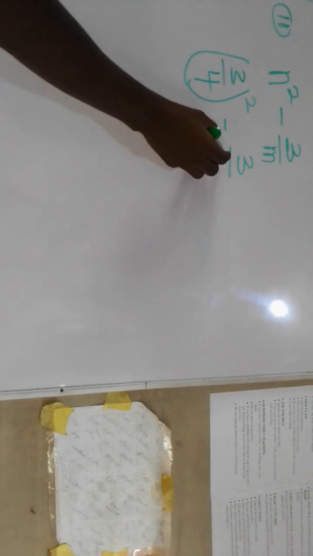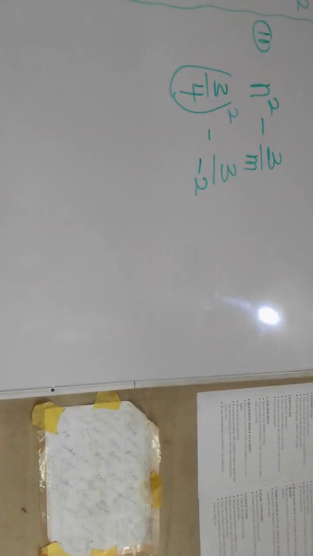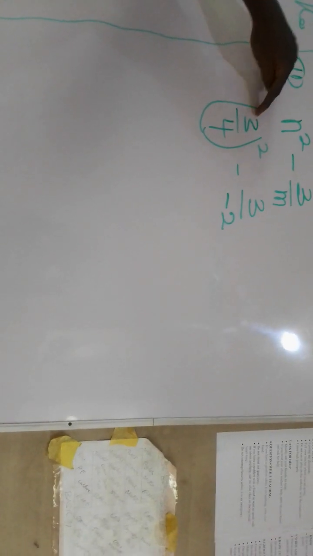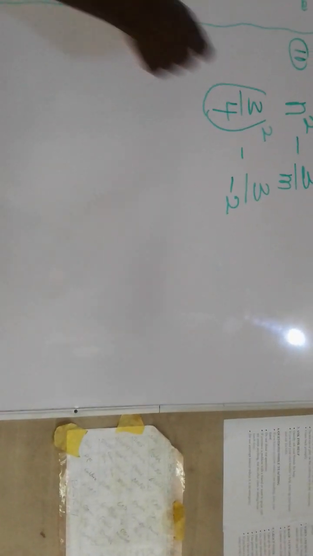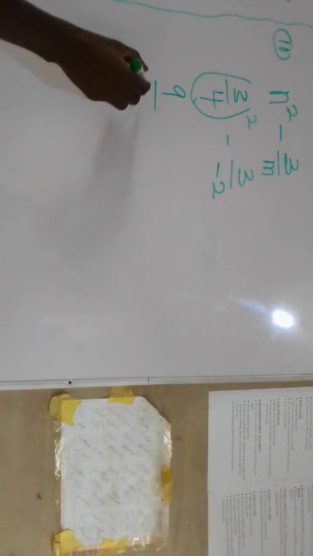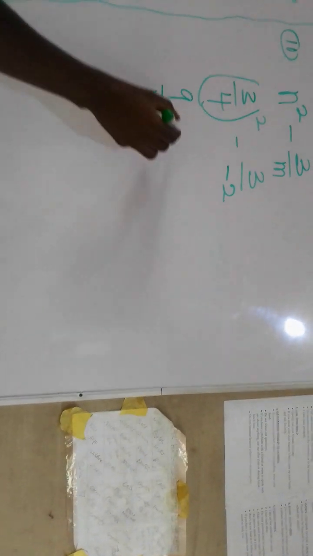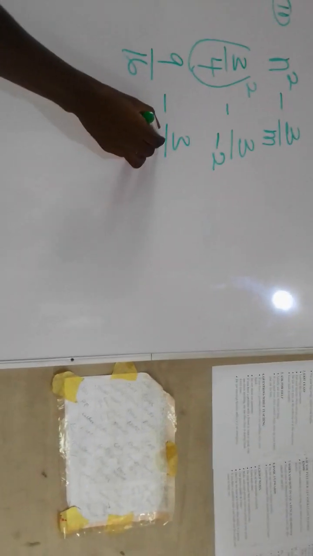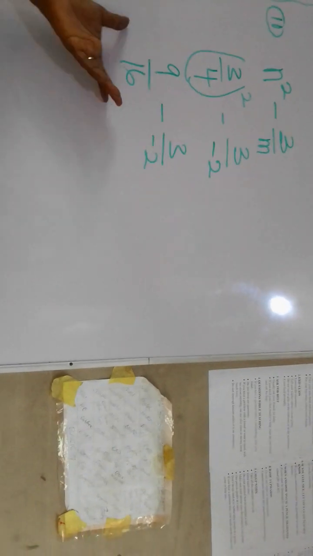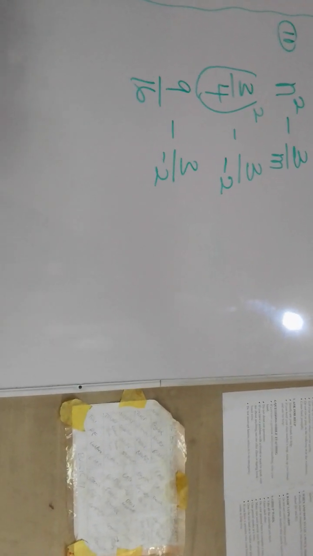M is negative 2. So take note. Now take note, the square here is affecting both 3 and 4. So square of 3 gives us what? 9. Square of 4 gives us what? 16. Minus 3 over negative 2. Now, when we get here, let's find our LCM because it's a fraction.